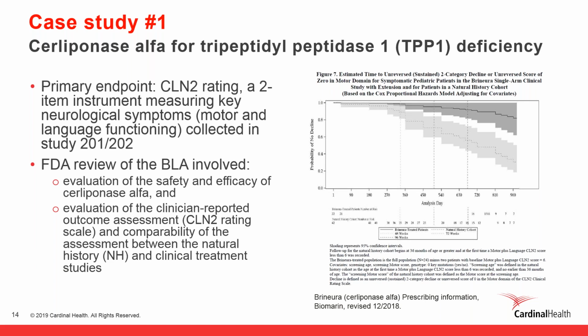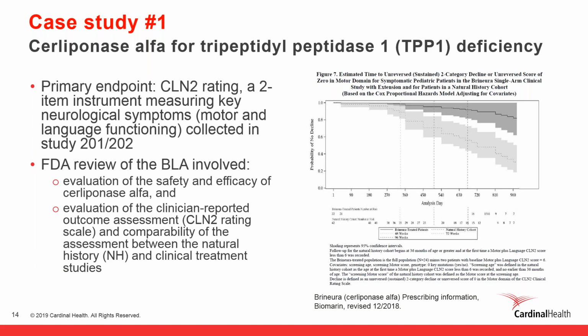Interestingly enough, then, in the registry, that instrument wasn't fully available. Only the motor and language domains were measured in the historical cohort because the accurate data on those different domains in the language and visual was not available, or it was measured in a different way.